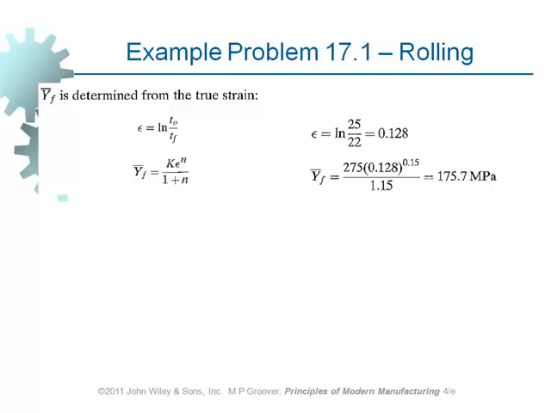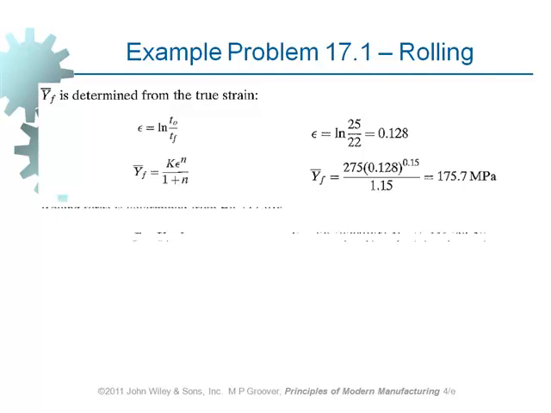In order to do that, K is given, N is also given. However, for strain, true strain, we've got the equation. We've got TO and also TF. So we compute epsilon first, which is the true strain, and by substituting all the values now at hand, we can easily compute the average flow stress.